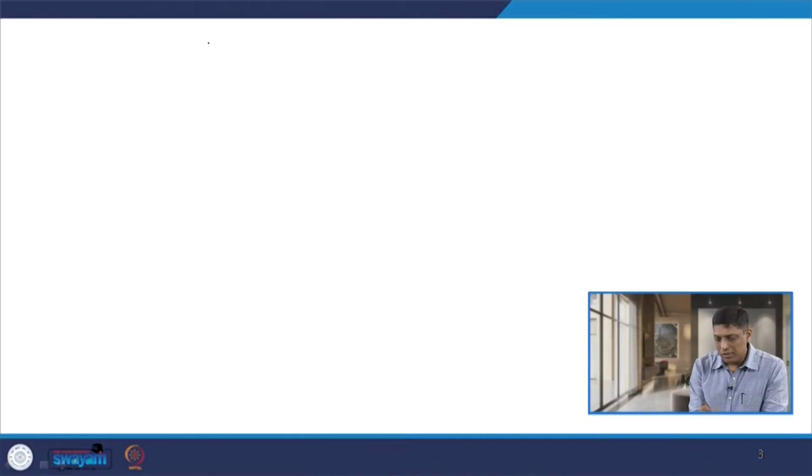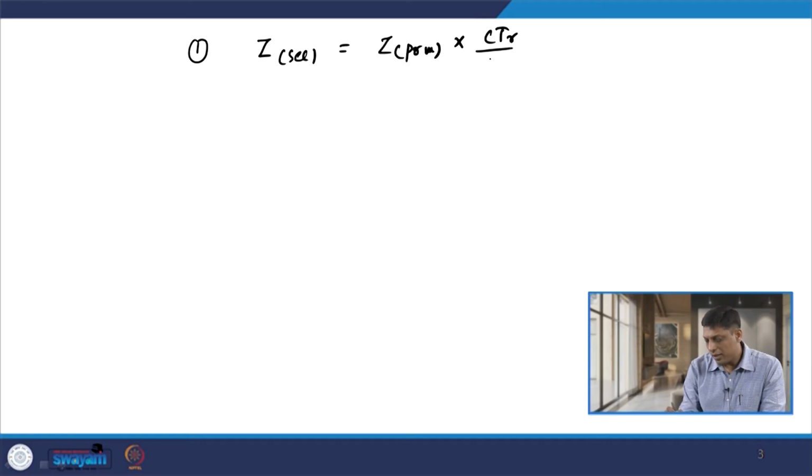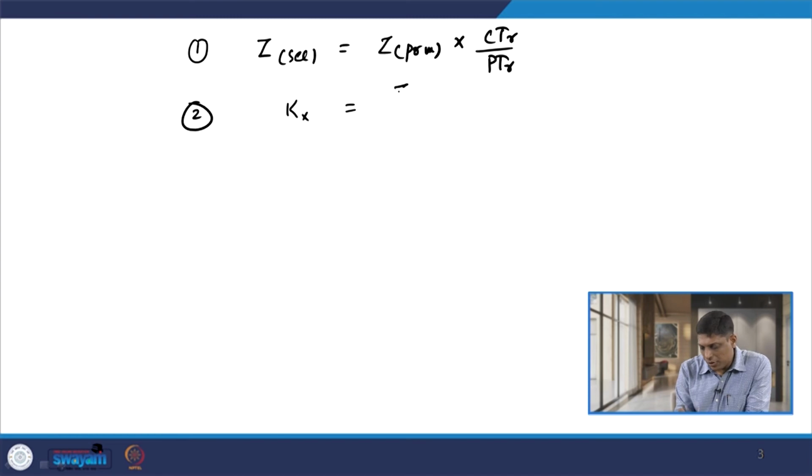What we have done? We have solved one example. So, when you solve an example of any distance relay, the first equation you need to remember is that Z secondary is equal to Z primary into CT ratio divided by PT ratio. And the second equation you need to remember is the value of Kx, which is equal to Zx divided by cos of theta minus phi.